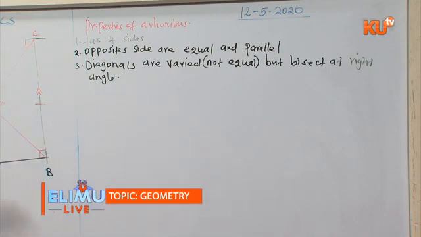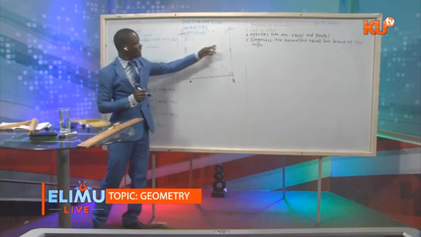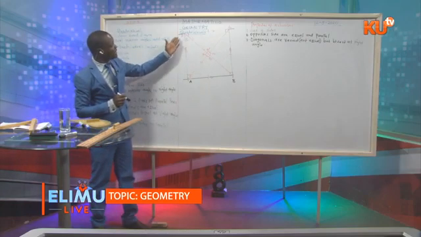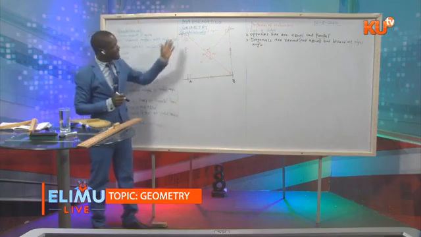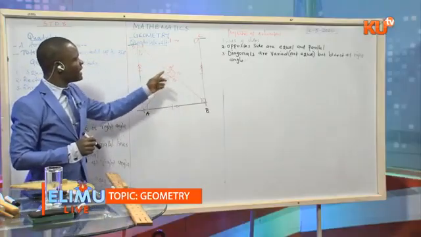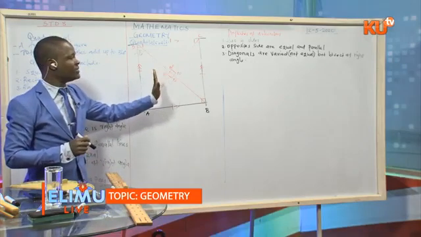Now, when we were talking about a square, we said diagonals are equal, so diagonal AC and diagonal DB are equal. But with the rhombus, the diagonals are not equal, but just like a square, diagonals bisect at 90 degrees.